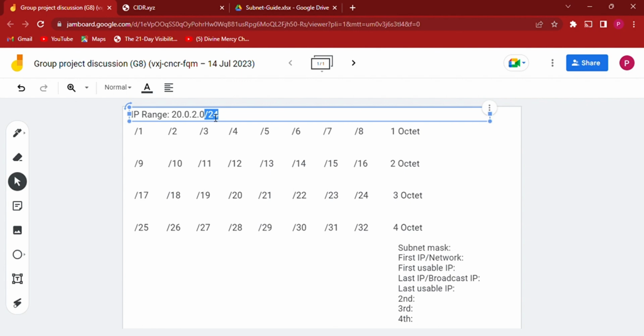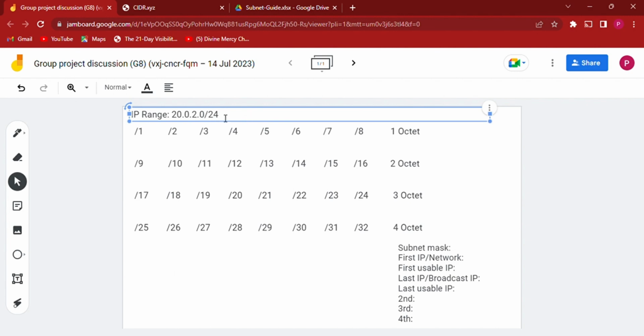There are 32 bits in total. So if out of that 32 you use 24 for the network, the rest left is for the host. Does that make sense? I hope it does.